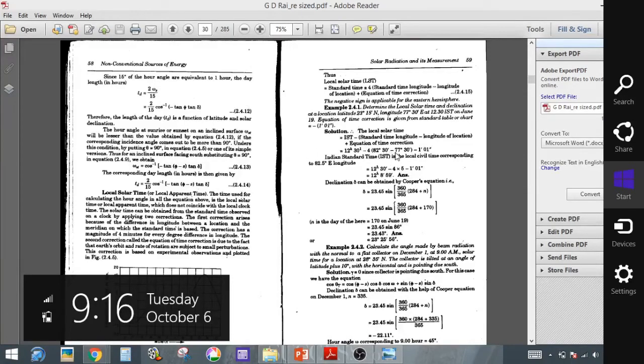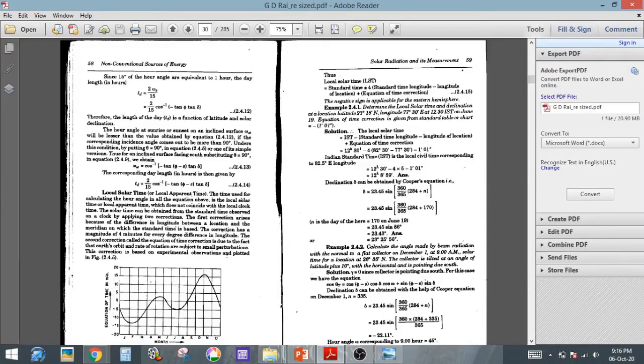Taking the difference, we will get the longitude difference as 5. Here it indicates that for every degree difference in longitude, the correction has a magnitude of 4 minutes. Here the degree difference is 5. Hence, 4 into 5, which is equal to 20 minutes.